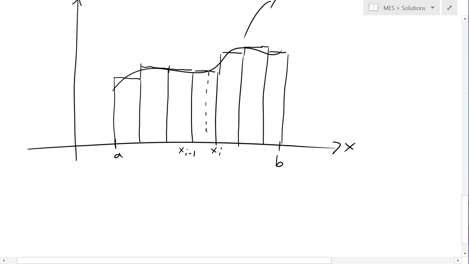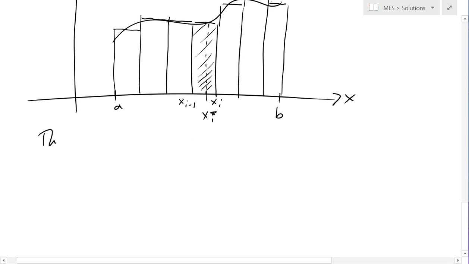At this point in between, we'll call this xi star, just any point in between, where the function crosses right here.